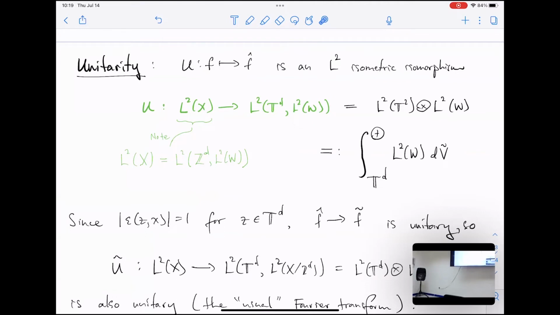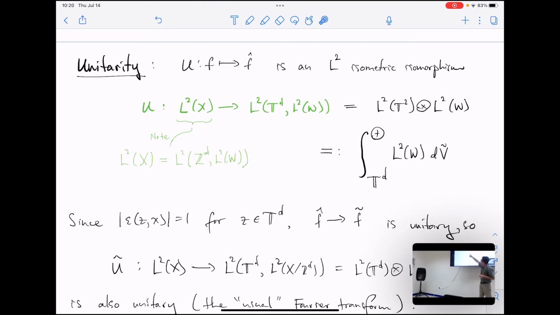So it's as if the lattice were expanded into a fundamental domain at every point. So you can take this, put it up here, so you have all these little fundamental domains at every point, and at every point, a function on its corresponding fundamental domain. Does that make sense? So you can think of L2 of the original space as L2 of Z^d with values in that copy of the fundamental domain.